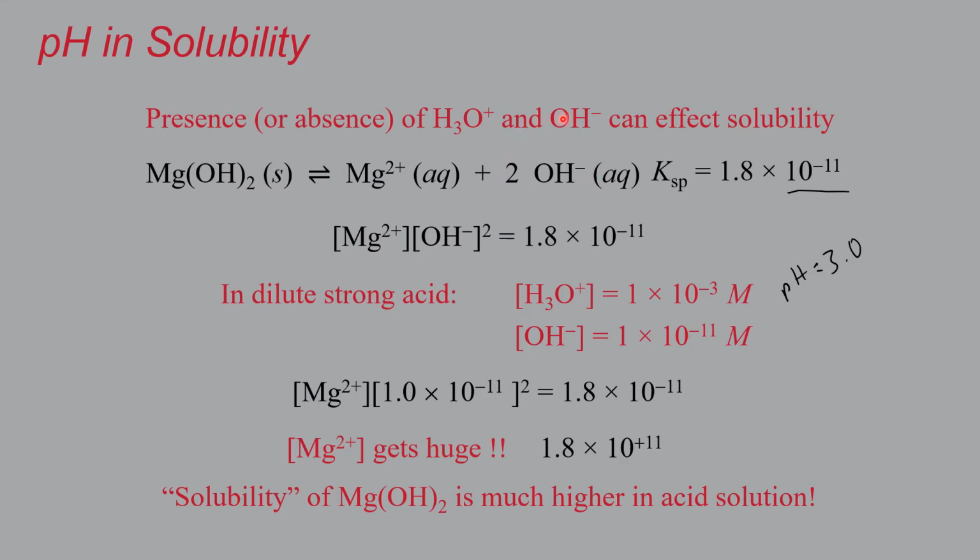You are continually removing one of the products, which means you're just going to keep on making it. So this reaction just is continually shifted to the right until the acid is depleted. This is why these hydroxide salts, which are generally not soluble in water, are quite soluble in acid because they react with it.